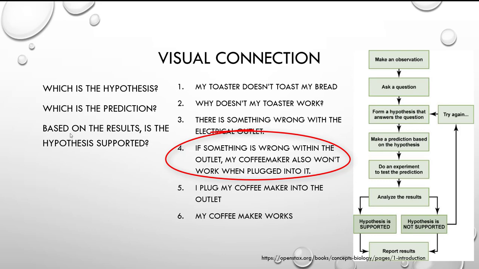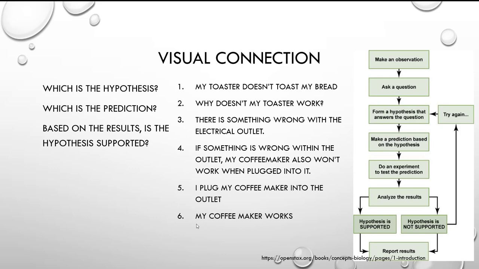And then this last question: based on the results, is the hypothesis supported? The hypothesis is there is something wrong with the electrical outlet. It says, I plug my coffee maker into the outlet, my coffee maker works.